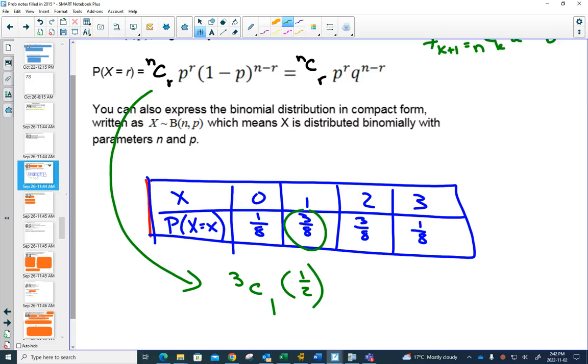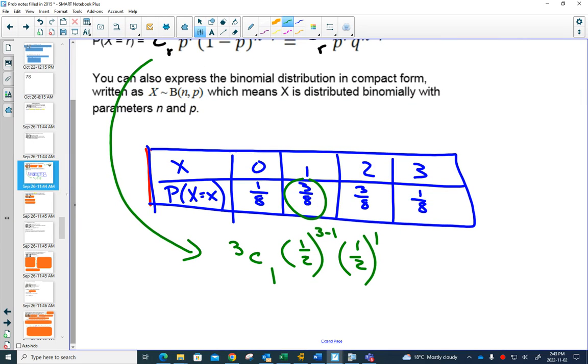So the success is 1/2 to the 3 minus 1. And failure, or not getting a head, would be tails, 1/2 to the 1. If we multiply this out, we have 3. This would be 1/4. This would be 1/2. And we get 3/8, the same as we got when we figured it out with a tree diagram before.